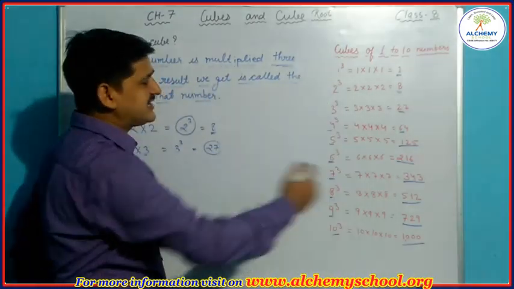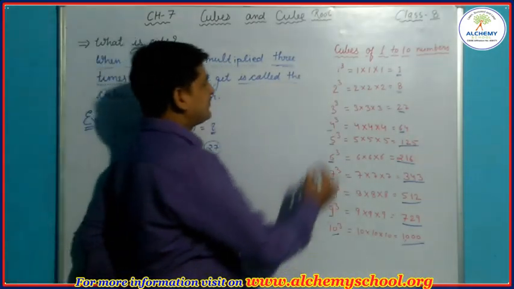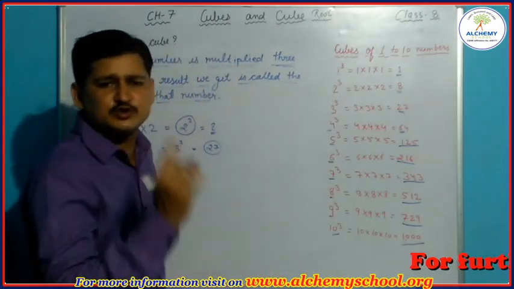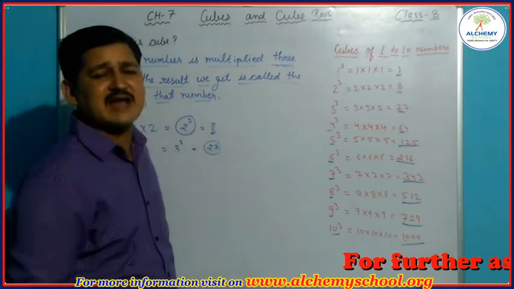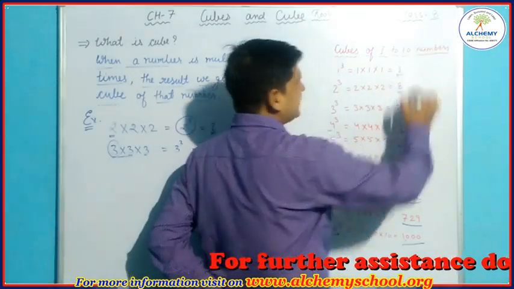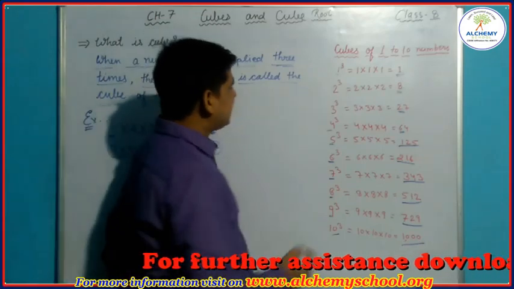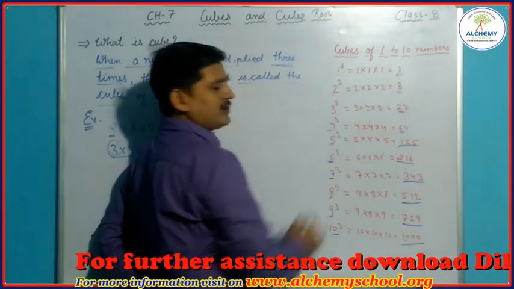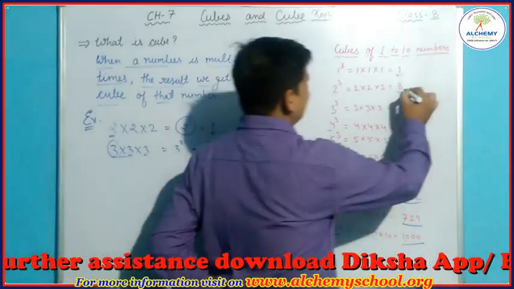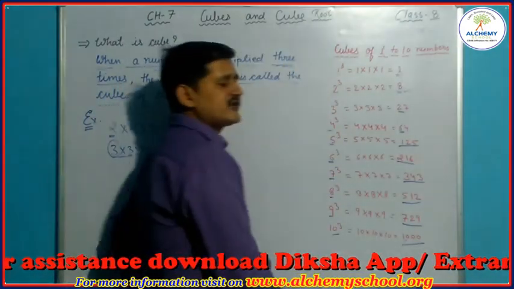When we observe these figures, we can say when any number contains 1 on its unit place, the cube of that number also contains 1 on its unit place. When any number contains 2 on its unit place, the cube of that number contains 8 on its unit place.